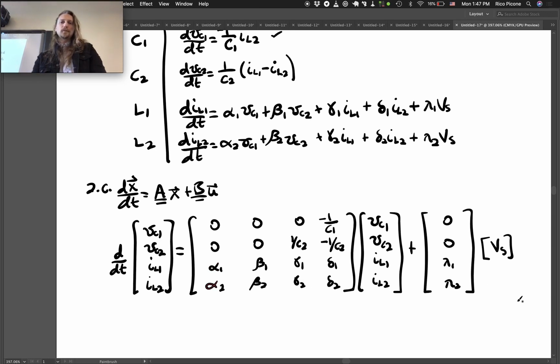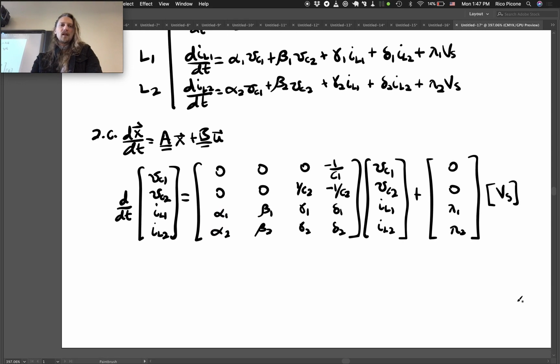Okay. Very good. We've got our state equation in standard form. Great.